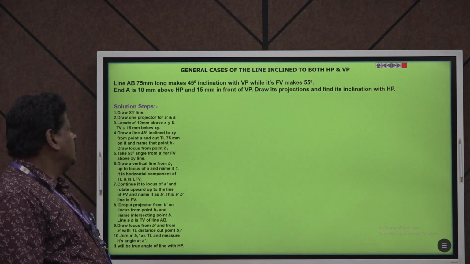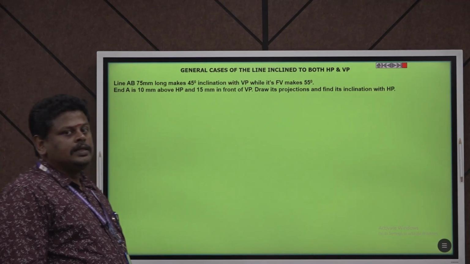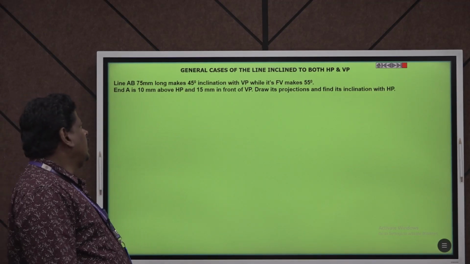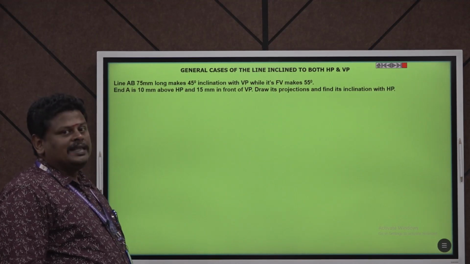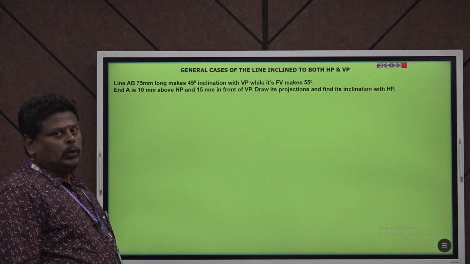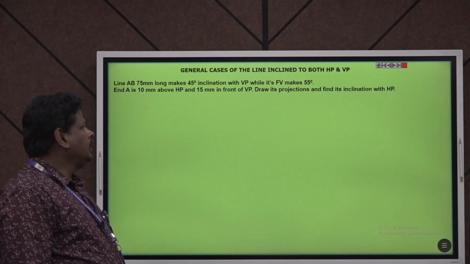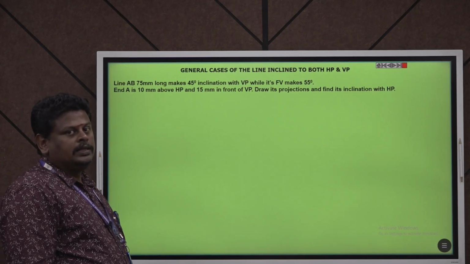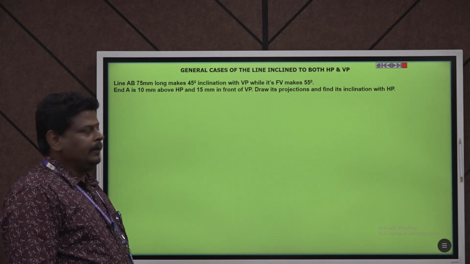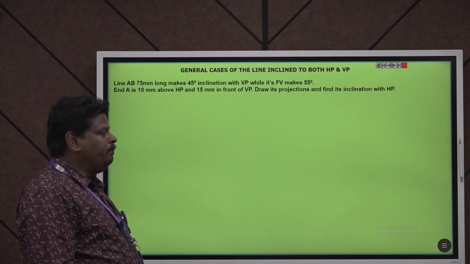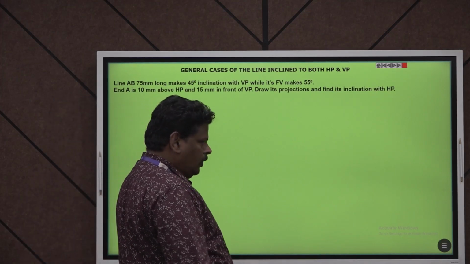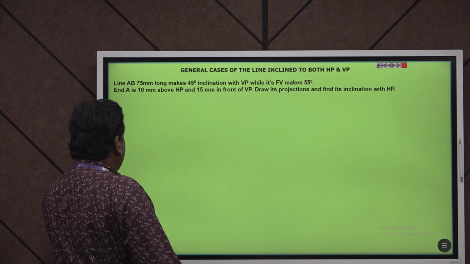So let us look into the problem. The line AB is given 75 mm long. So the true length is given. It is making a 45-degree inclination with VP.